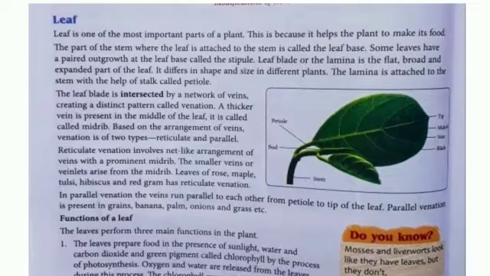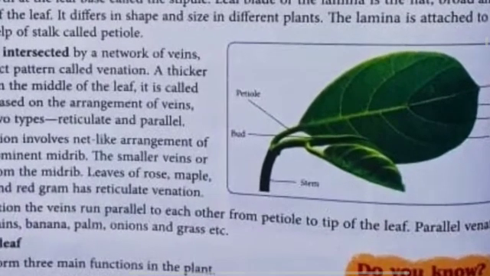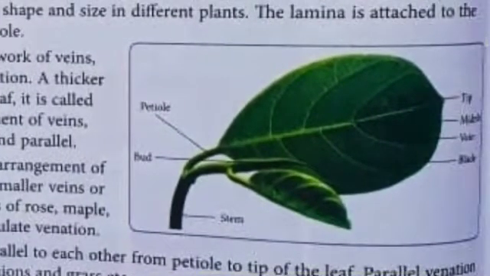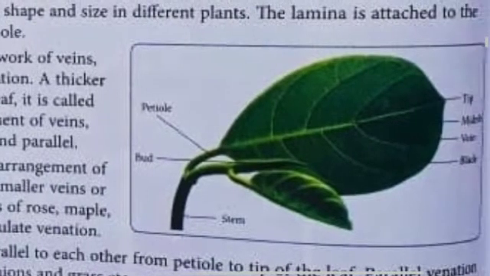Now come to the veins. You can see here a straight line. This is called midrib and the lateral lines are called veins, and again the lateral tertiary lines are called veinlets. This is a leaf of a bargad tree.